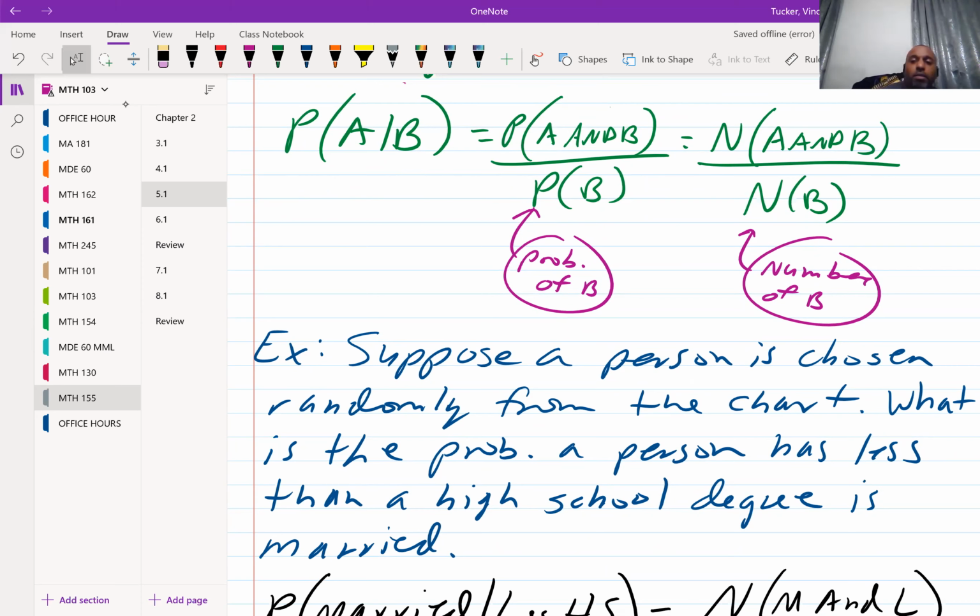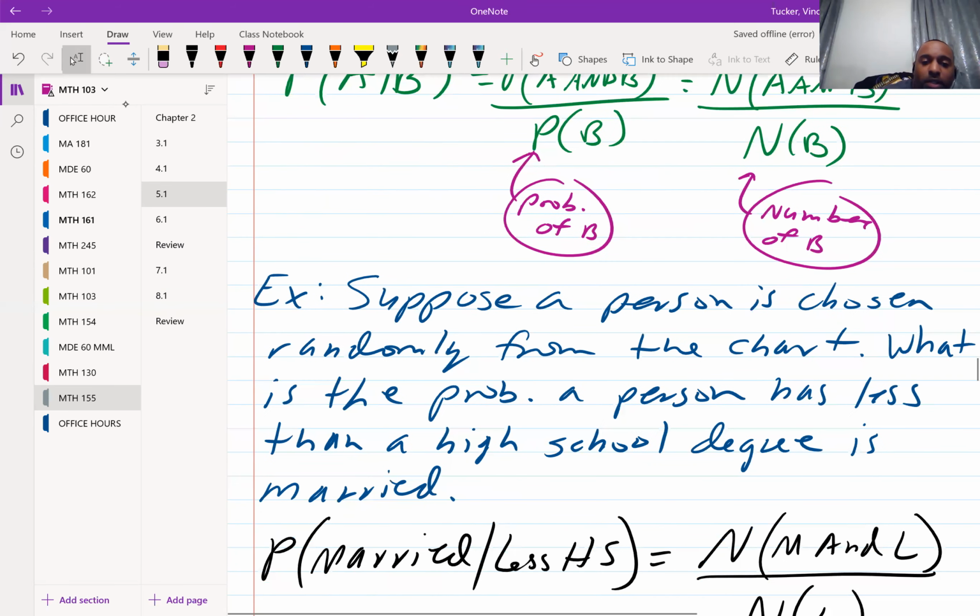So we're talking about the probability of getting someone that is married, given that less than high school degree was already chosen. That's how we would word that probability.